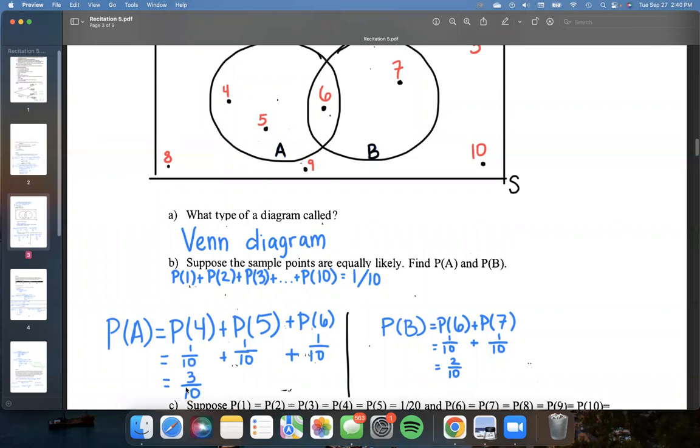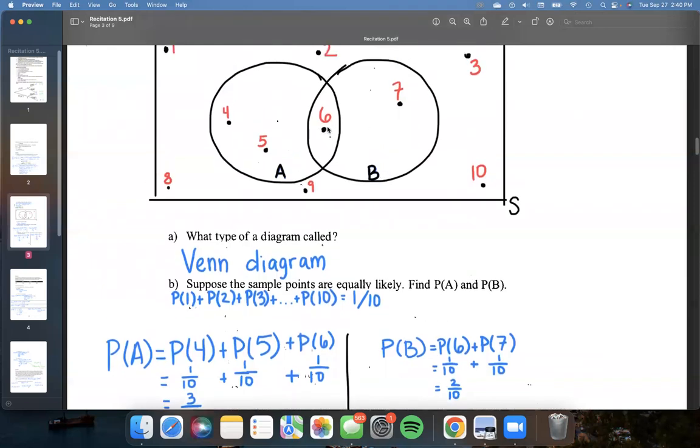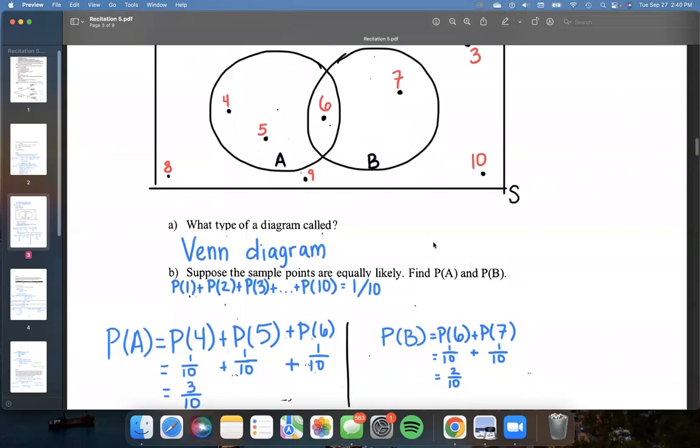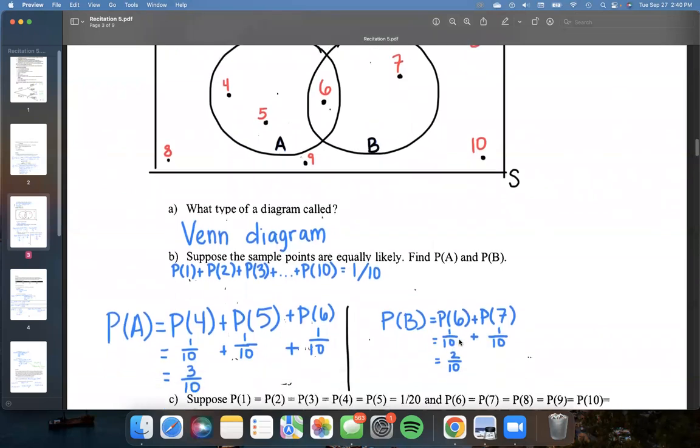So this would be 3/10. And now for the probability of B, we have 6 and 7 in event B. So the probability of 6 is 1/10. The probability of 7 is 1/10. So we get 2/10 for the probability of event B.